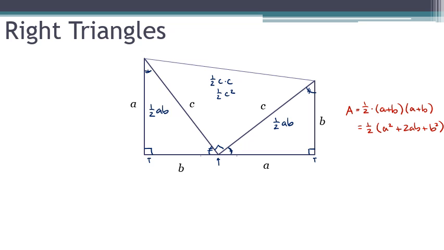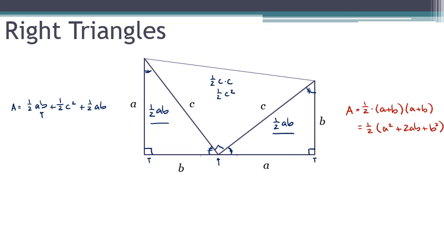Okay, excellent. That makes the area of my overall trapezoid 1/2 AB plus 1/2 C squared plus 1/2 AB. One of those 1/2 ABs came from here, the other one came from here. Now I can simplify this a little bit.